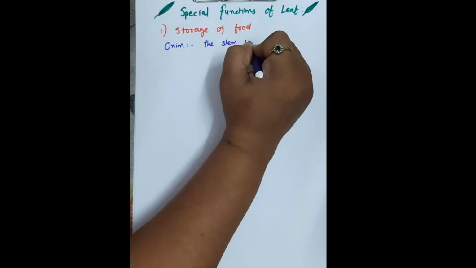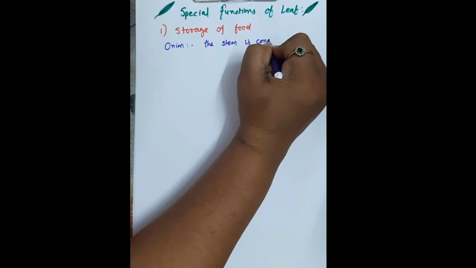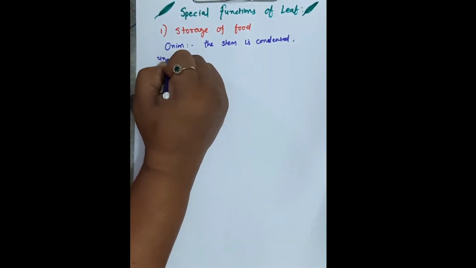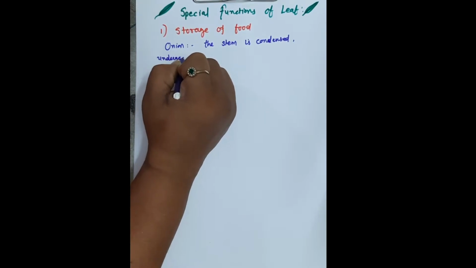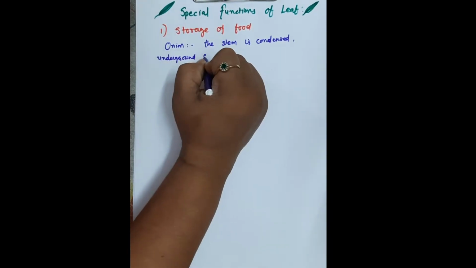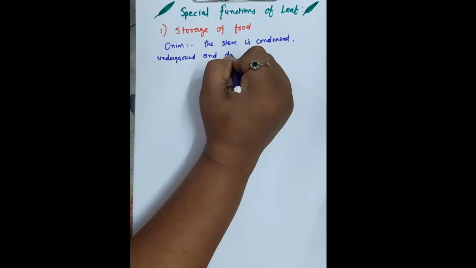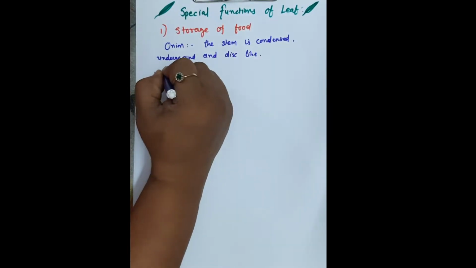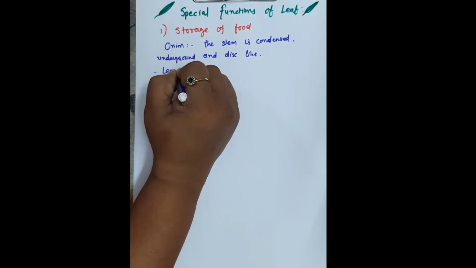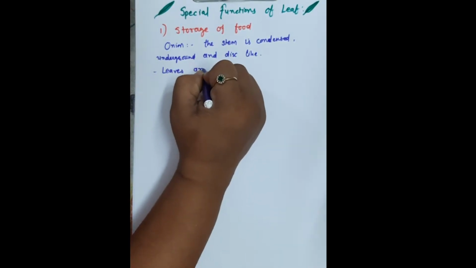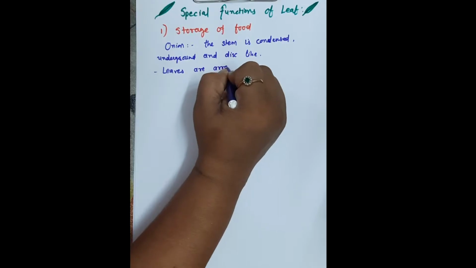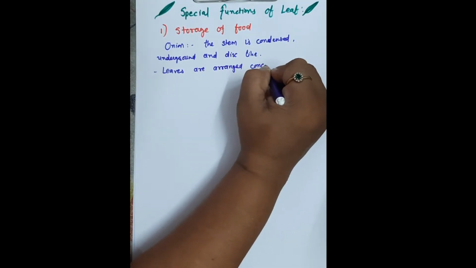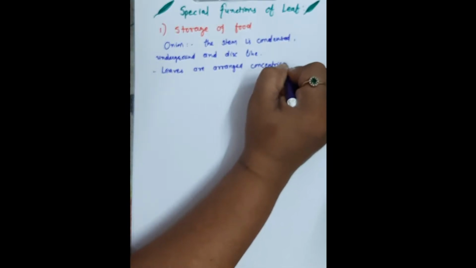the stem is condensed, underground, and disc-like, and here leaves are arranged concentrically.